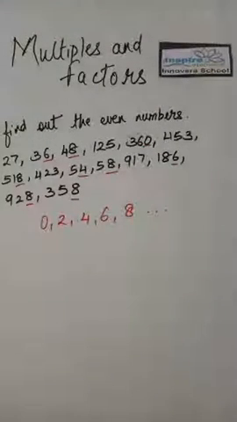So they are all even numbers. And what are odd numbers? The number that is not divisible by 2 is known as an odd number. So the last digit is like 7, 5, 3.